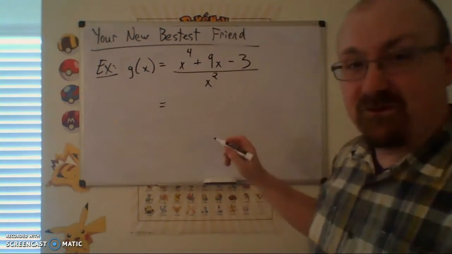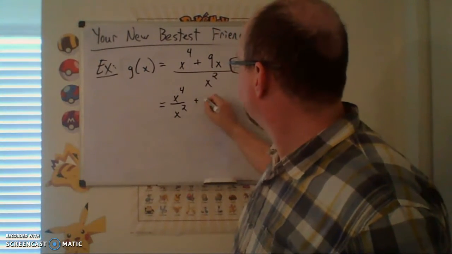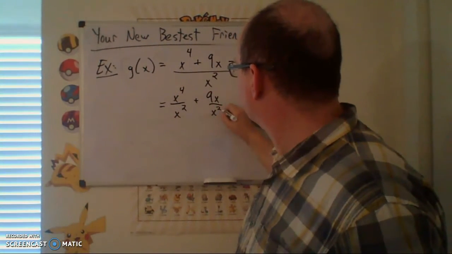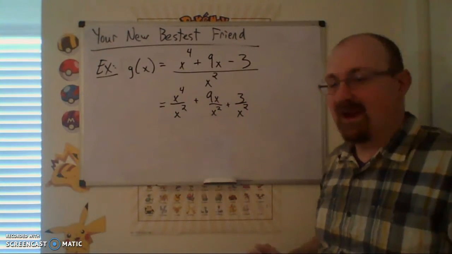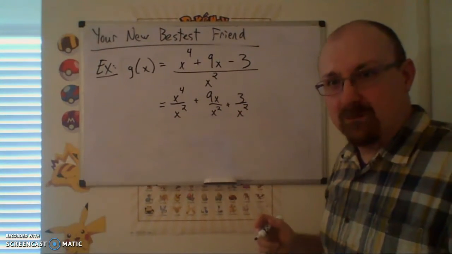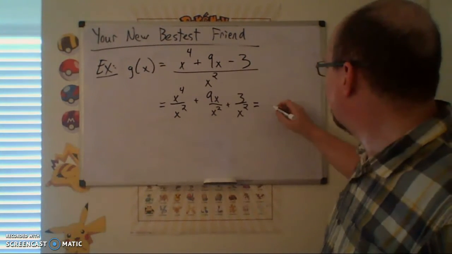So split this fraction up into 3 separate pieces: x to the 4th over x squared, 9x over x squared, plus 3 over x squared. So each term lives over that denominator of x squared. And then we clean things up as best we can.